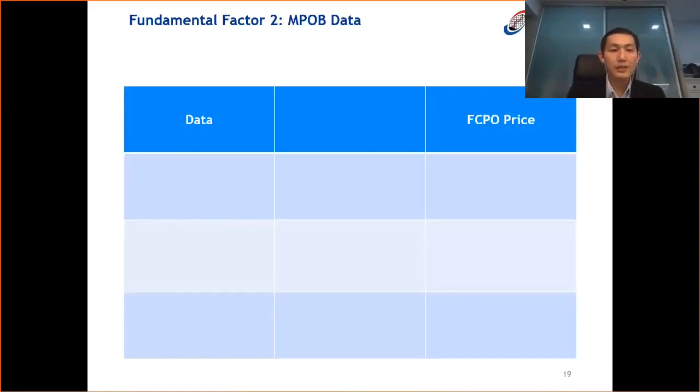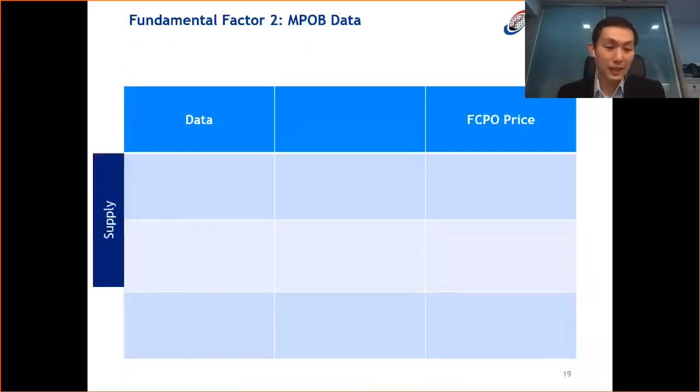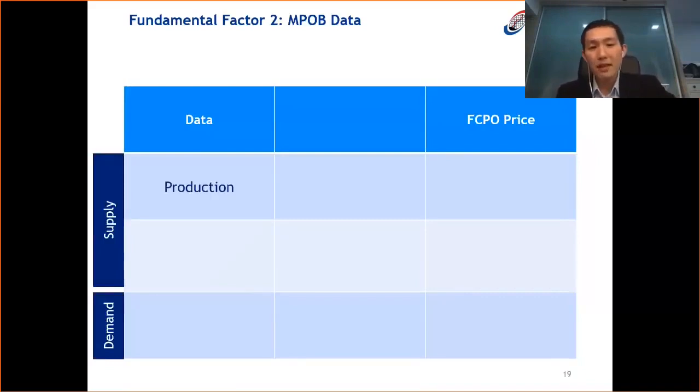Now, the first thing, back to the very fundamental factor, which is the earlier factor number 1, which is on demand and supply. So here we can categorize it into a more specific and detailed thing. So there are supply factors as well as demand factors. So on the first one, the supply factor is actually the CPO production. So this CPO production is actually not your oil palm tree or the fruit production. Okay, this is actually your CPO, the oil production as well.